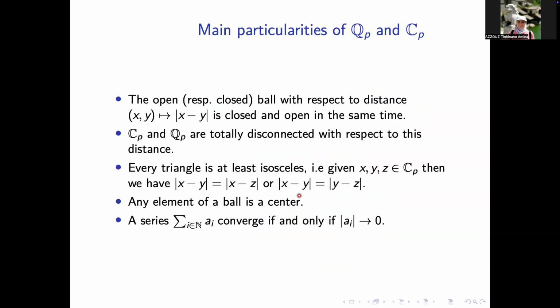This is just an example, but more generally, when we consider the p-adic absolute value, there is something strange about this absolute value: when I define the distance by this value, then all the open disks are at the same time closed, and all the closed disks are at the same time open.